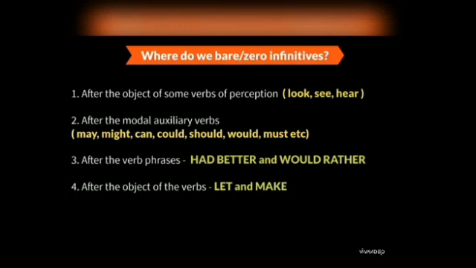After the modal auxiliary verbs, for example, may, might, can, could, should, would, must, etc. After the verb phrases had better, would rather, need hardly, etc. After the object of the verbs let and make, except ought to or have to. Ought to and have to are written as they are.